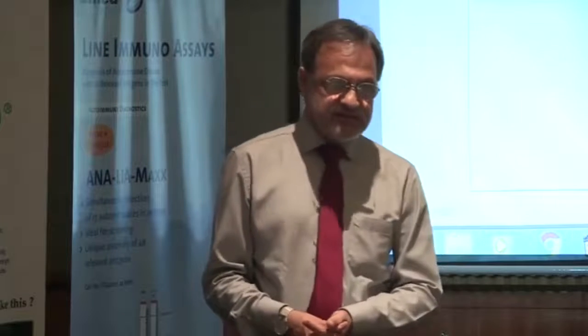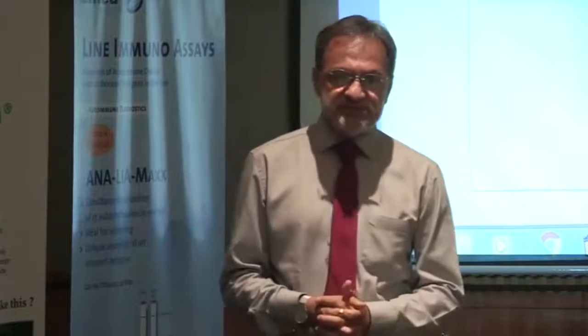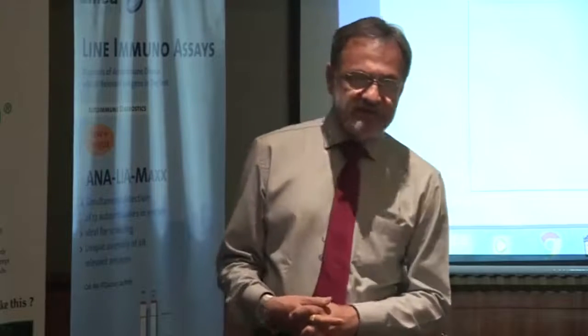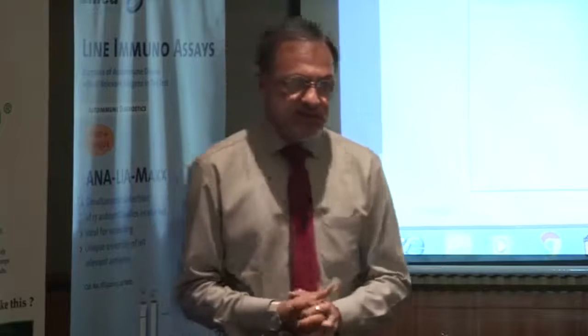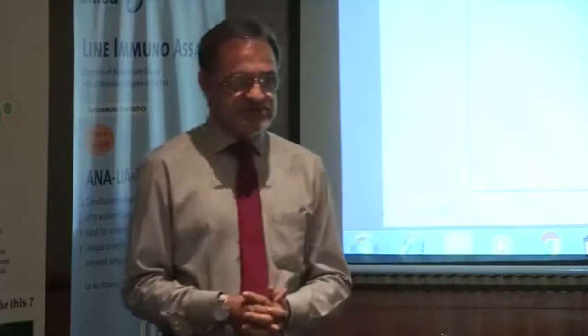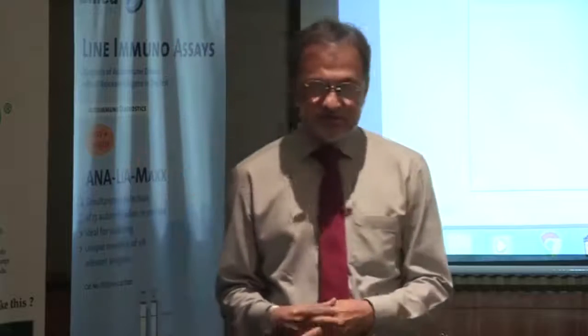One is called extractable nuclear antigen, ENA, and ENA basically comprises 6 different antigens to which the antibodies can be detected. The second one is anti-dsDNA, which is again available on ELISA, as well as many other methods, like the Farr assay, which is based on radioimmunoassay, and CLIFT, which is based upon immunofluorescence.